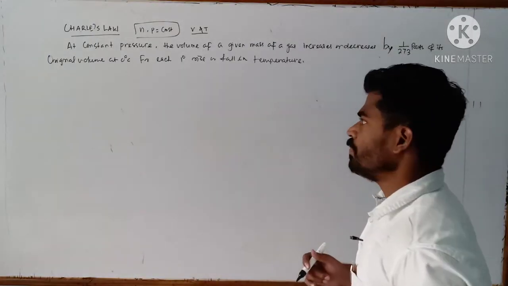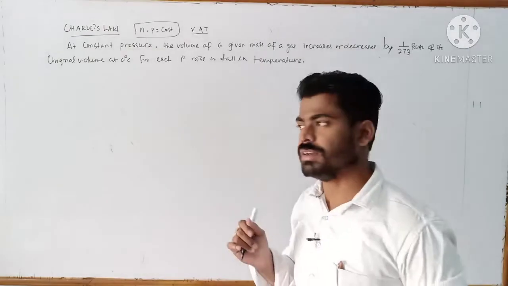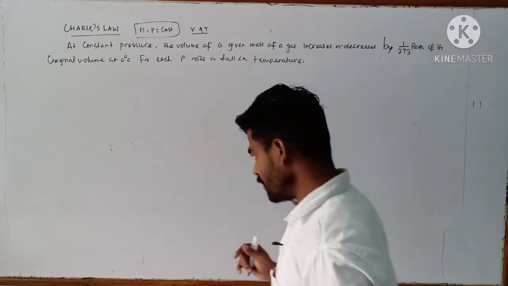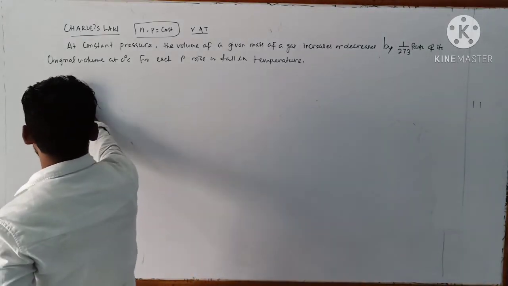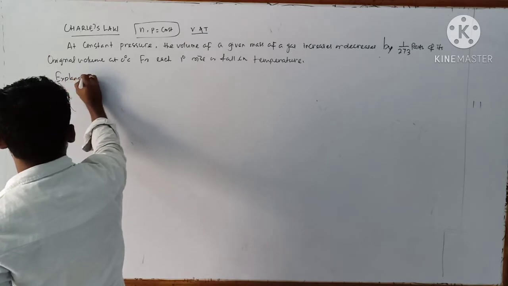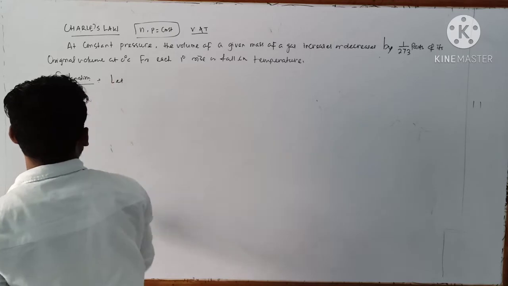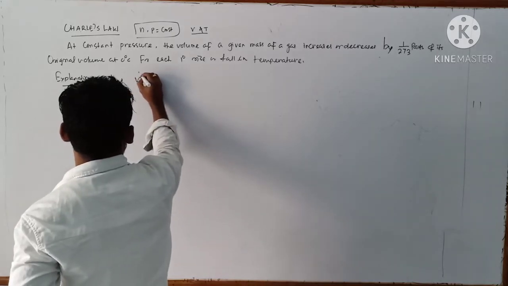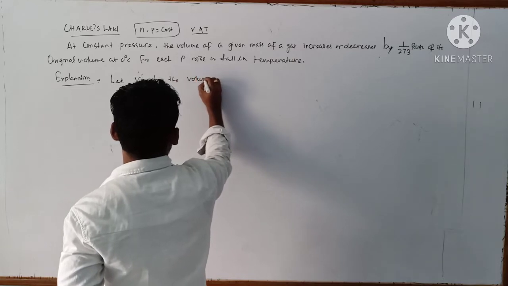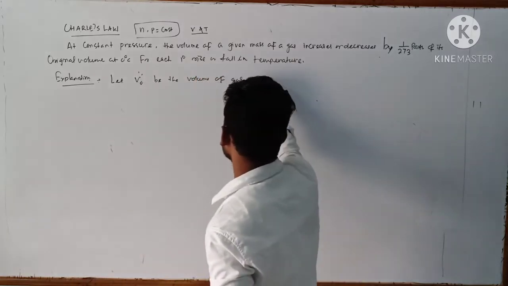Am I right? So if the temperature becomes 1 degree centigrade from 0 degree, then the increase in volume will be V naught by 273. Just see, let me write the explanation over here. Explanation: let V naught be the volume of gas at 0 degree centigrade.